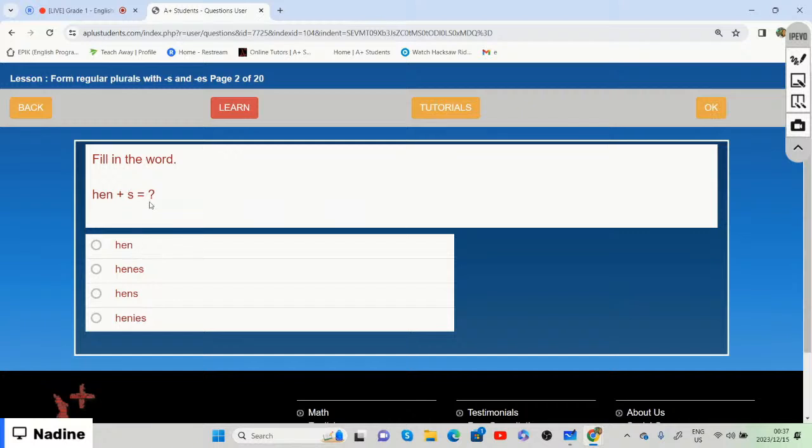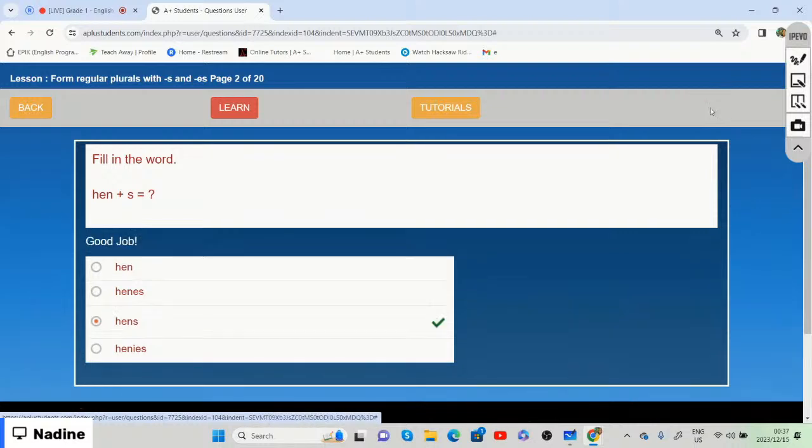Hen plus S. All right, so hen plus S, if we were to choose the correct regular plural form or plural noun, we'll choose the third option, which is hens. Right, so hens is correct.